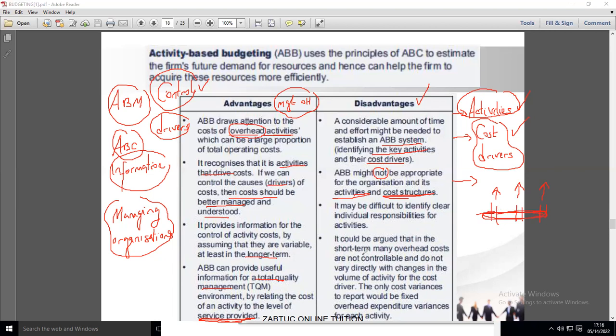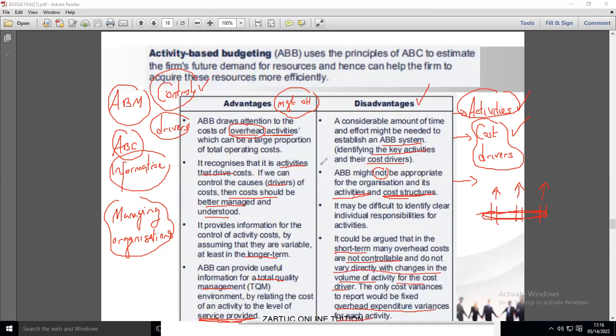It could be argued that in the short term, many overhead costs are not controllable and do not vary directly with changes in the volume of activity for the cost driver. The only cost variances reported would be fixed overhead expenditure variances for each activity.